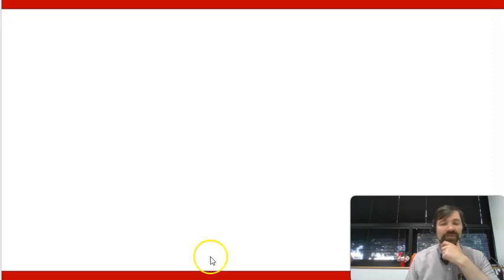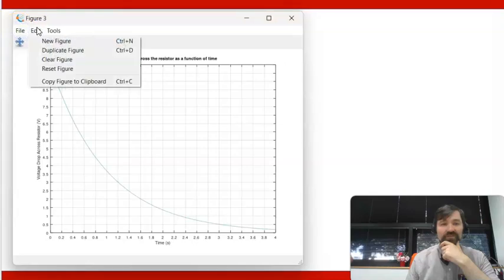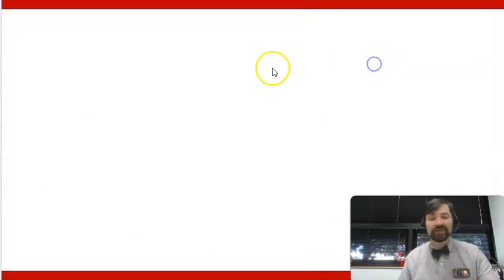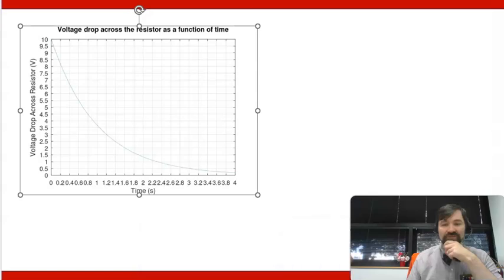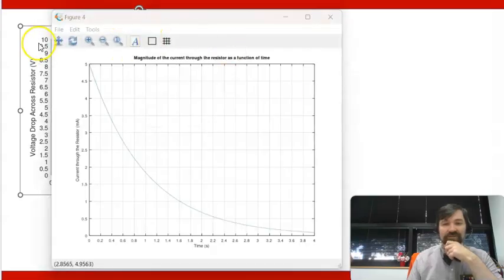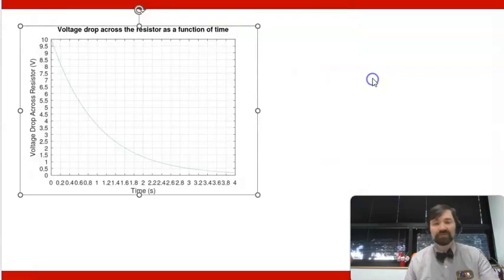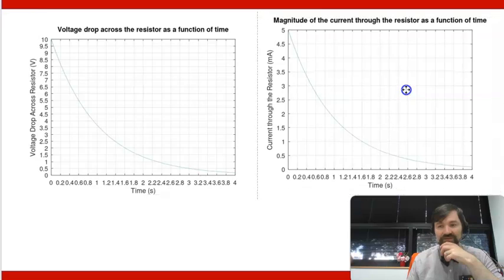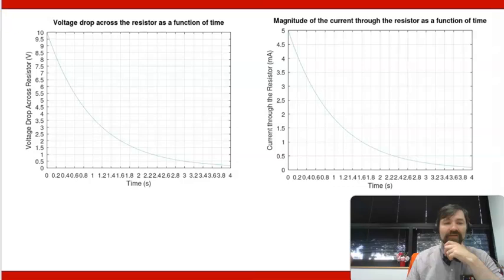One of them would be before and after with the resistor. The other could be the resistor versus the capacitor. Either way, you're going to find that they look pretty similar. So here's the resistor voltage as a function of time, and then here is the current through the resistor as a function of time.